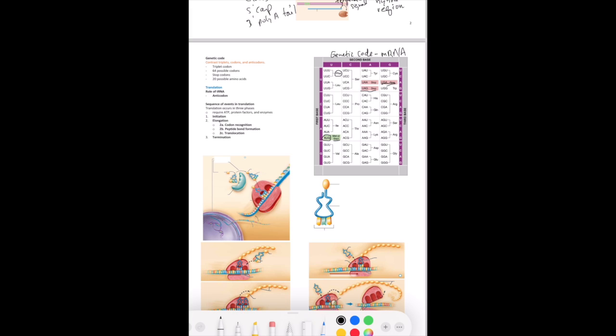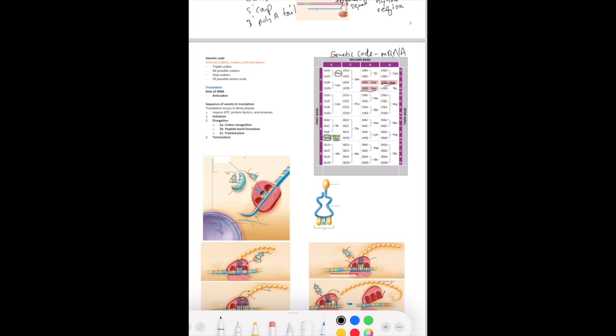Once we have this coding in the messenger RNA, we will release that new polypeptide strand that we've just made. A mnemonic I like to use for this one is "you are gone, you go away, and then you are away."